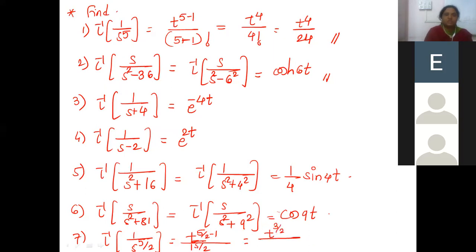Upon gamma 5 by 2. Start with minus 1: 3 by 2, again minus 1: 1 by 2, into root pi. So it is t raised to 3 by 2 upon 3 root pi by 4, and that 4 will go up. So yes, that is the answer.